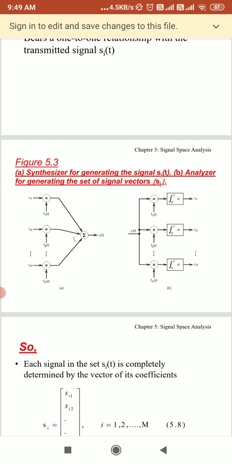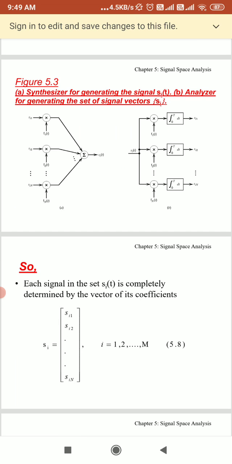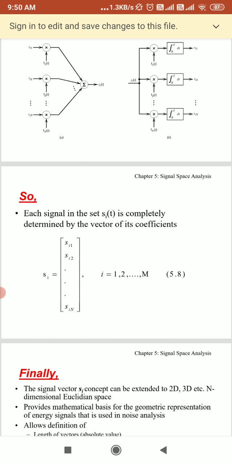Each signal in the set Si of t is completely determined by the vector of its coefficients. In matrix form we write it as a column Si1, Si2, up to Sin, where i is from 1 up to m.